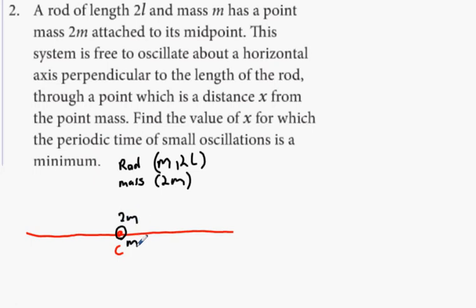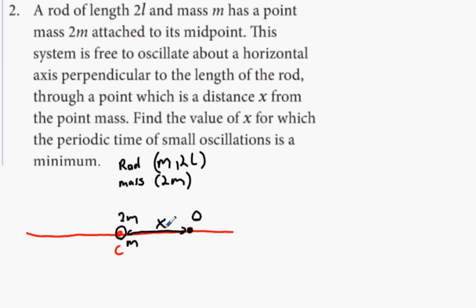Now, somewhere along this rod, the red line represents the rod, we fix an axis of rotation, and we denote this letter O. This axis of rotation is a distance x from the center of gravity of the rod, and also the point mass itself. Okay.